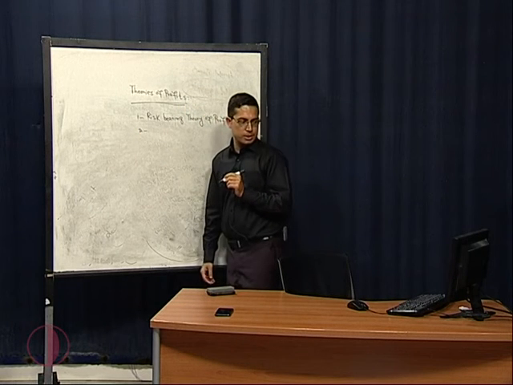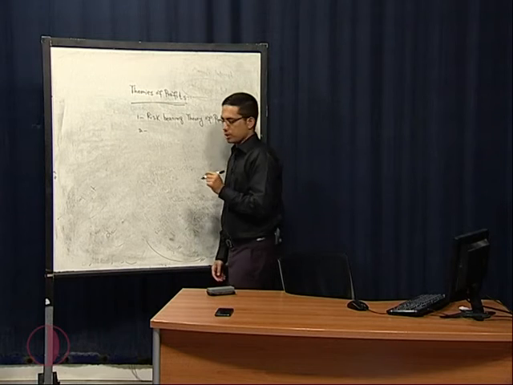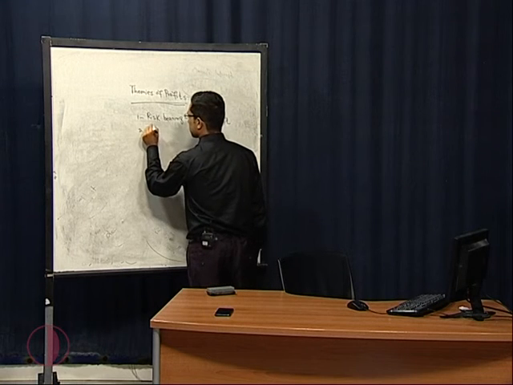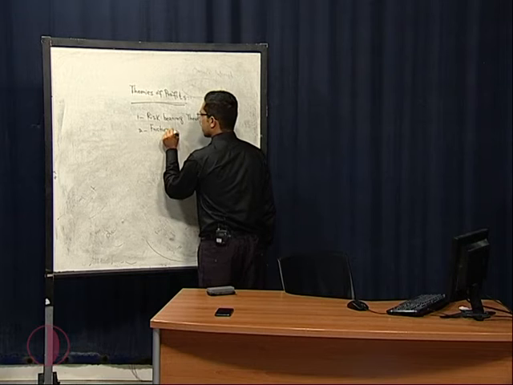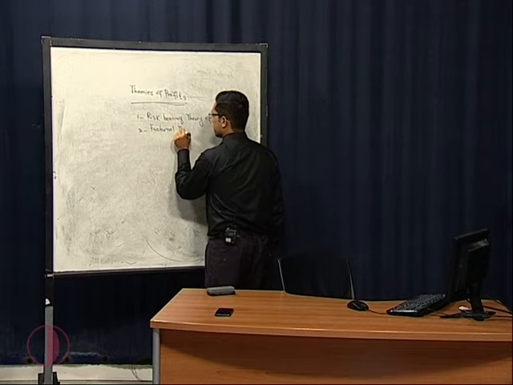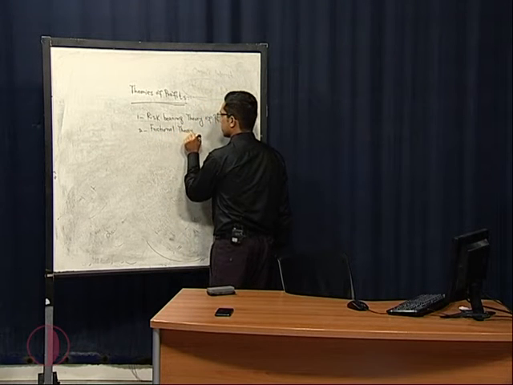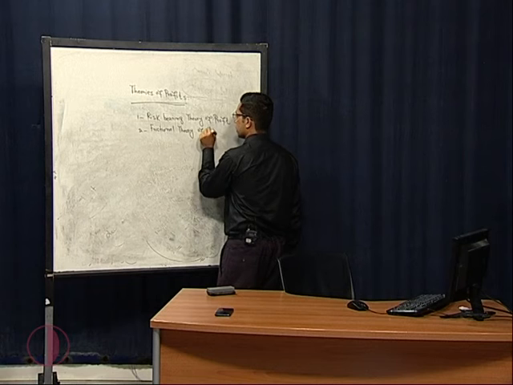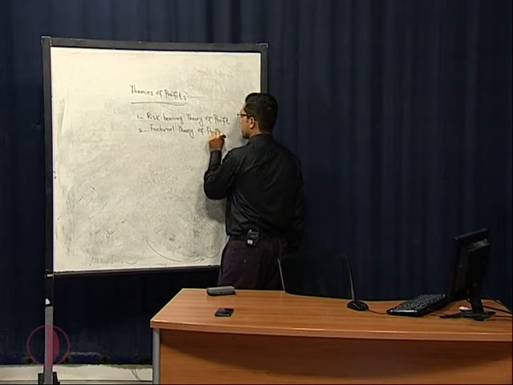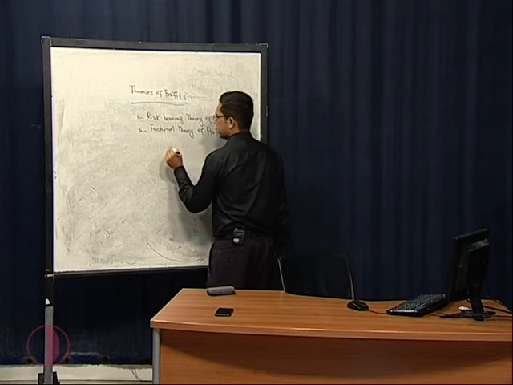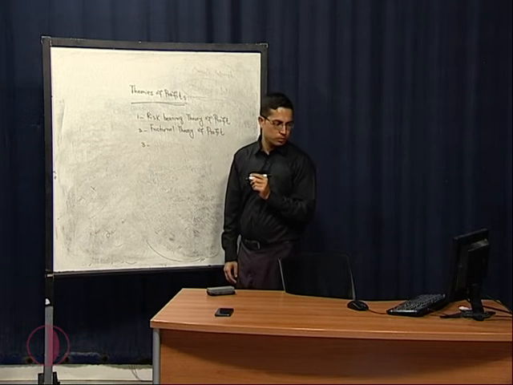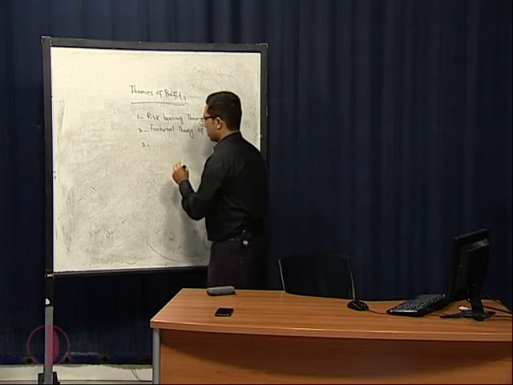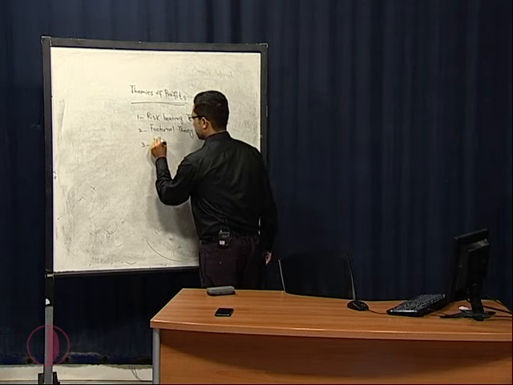The second one is the frictional theory of profit. The third one is the monopoly theory of profit.